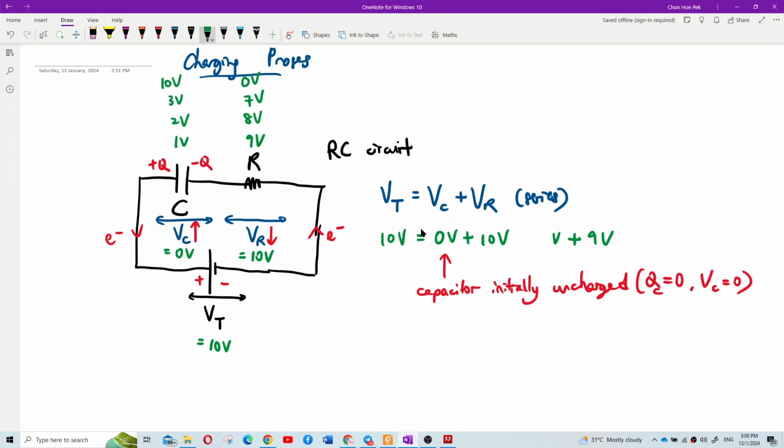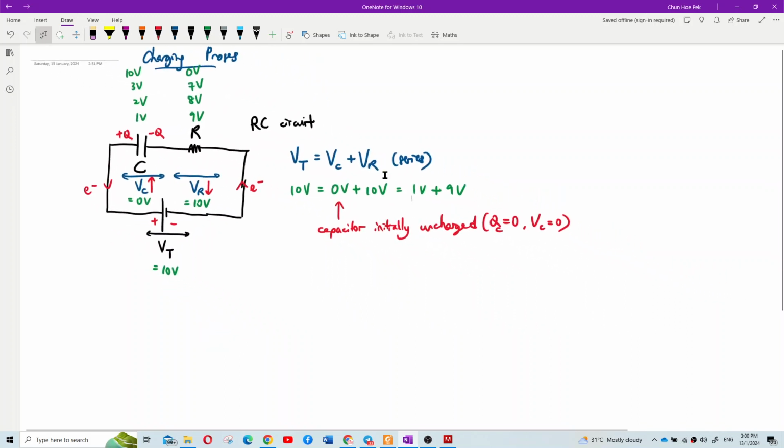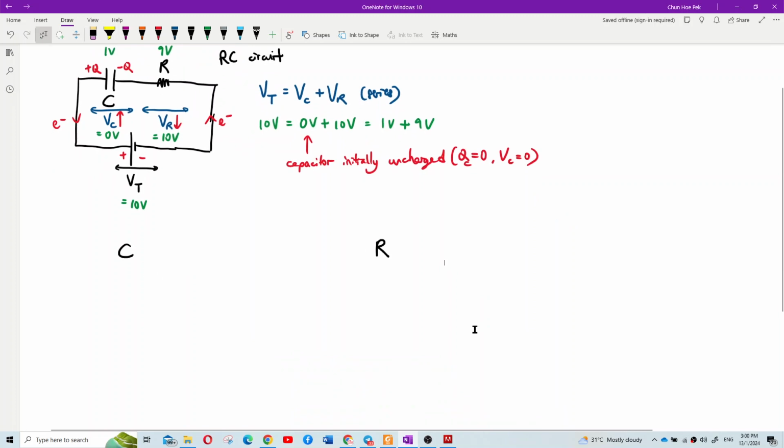Okay, just don't rub it off yet. So the graph is like this, class. I just want to draw the graph for you. Okay. This is what happened in the capacitor, and this is what happened in the resistor.